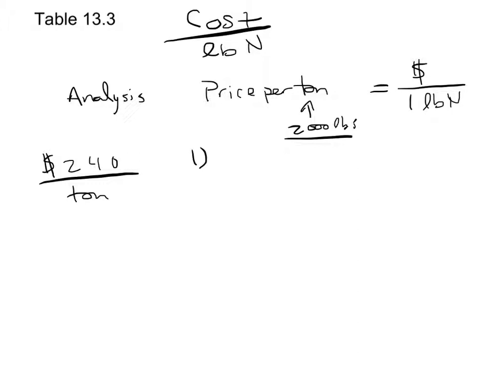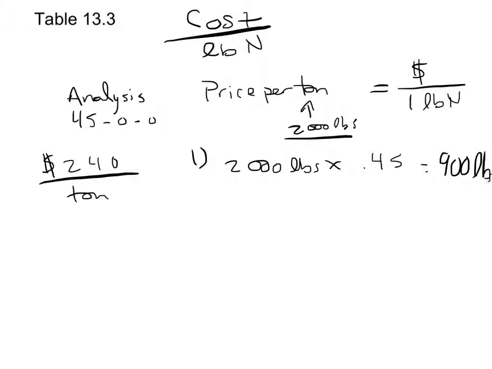Well, we know we have 2,000 pounds of bulk material times the analysis. Well, that's 0.45. When I do that, 2,000 times 0.45, I get 900 pounds of nitrogen in 1 ton, right?